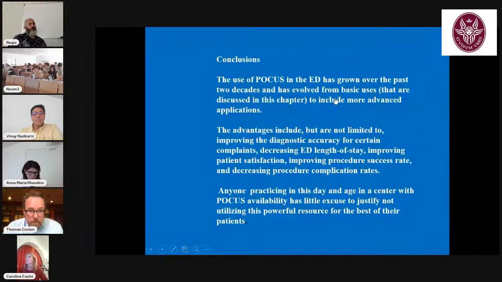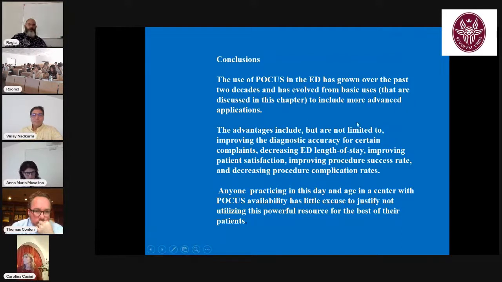Okay. In conclusion, the use of POCUS in the emergency department has grown over the past 2 decades and has evolved from basic use to include more advanced applications.